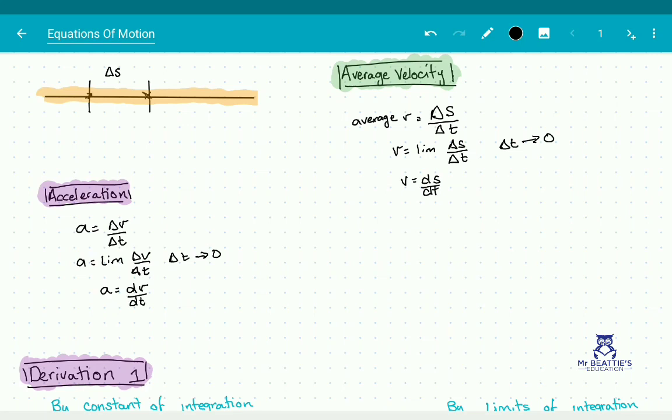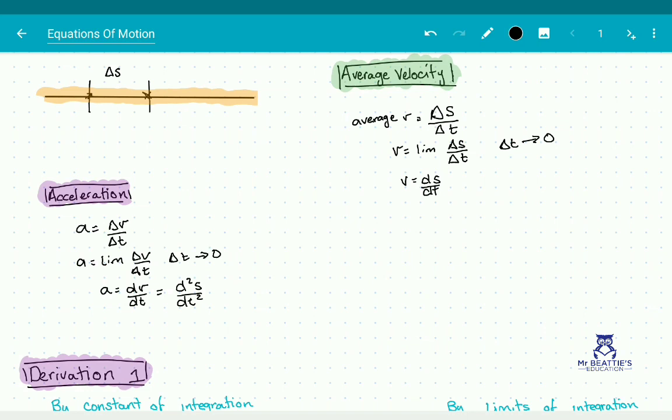Now, if acceleration is dv by dt and v is ds by dt, then acceleration could also be written as d squared s over dt squared, which is the second derivative of the displacement.